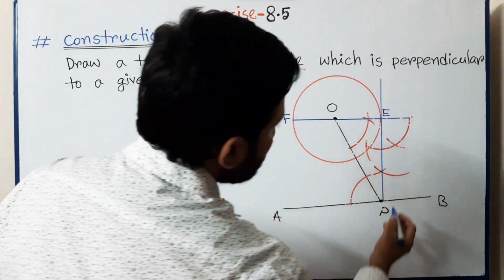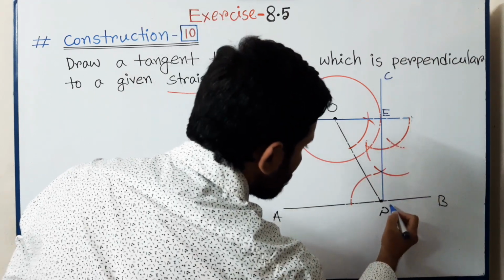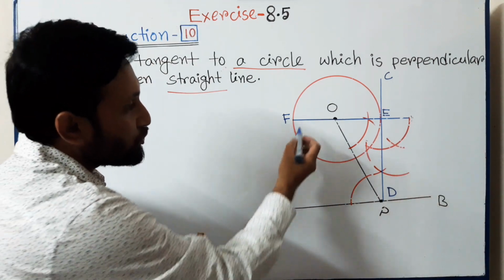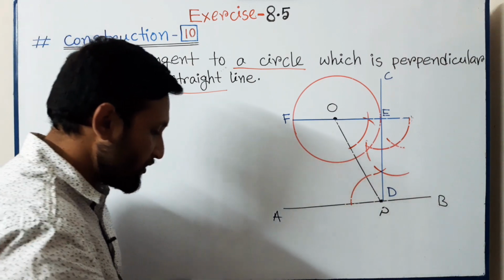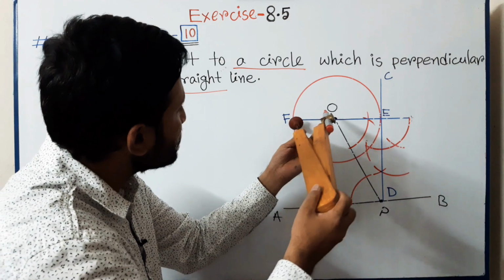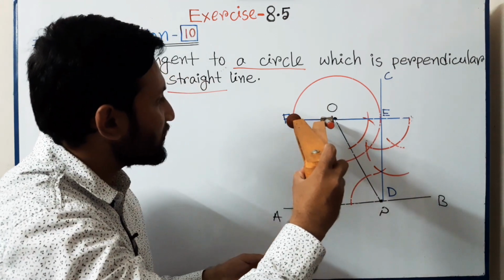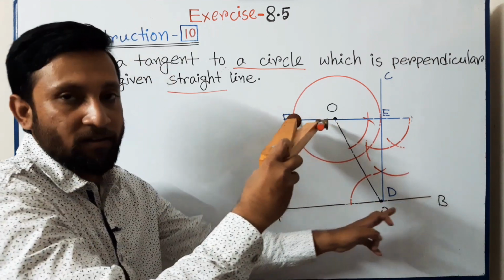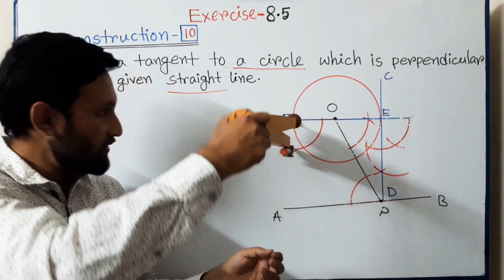Mark this as C and this point as D. Again draw another perpendicular at the point F. By using the compass, at first set the compass on the point F and draw a perpendicular from F to the line AB. At first draw an arc here.